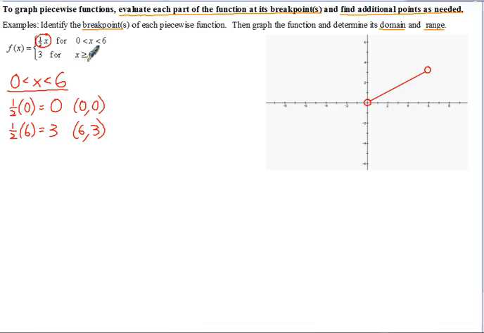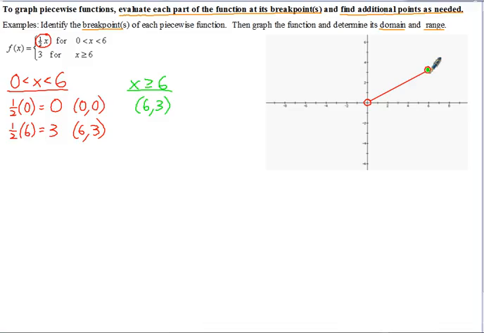The next piece, the interval it applies on, is x is greater than or equal to 6. So you first substitute, and this one only has one breakpoint of 6, but when you try to substitute 6 into this piece, there's no x to substitute in for. It's always 3, so you get (6, 3). And it's a breakpoint, so to determine if it's open or closed, notice it has the "or equal to." So that's a regular closed point.